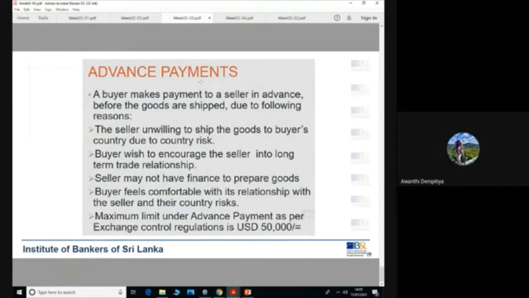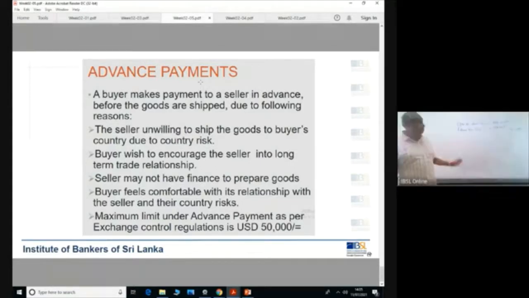Within 1 year, you have to do the payment. After 180 days, that means after 6 months, customs will start checking that, and banks will also start following it up. Right? 180 days is the period, but you can do the payment within 365 days.